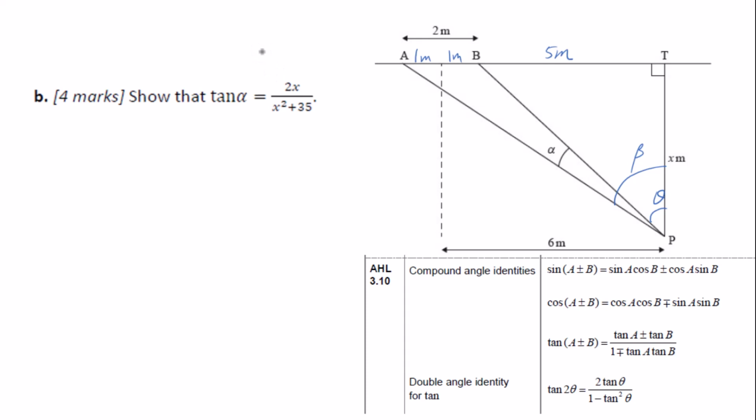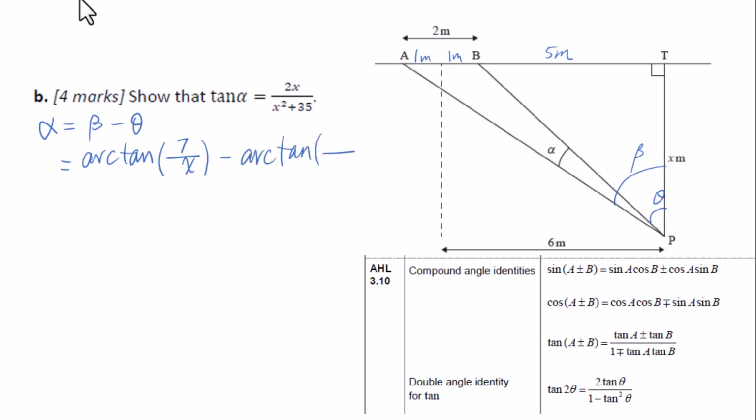Show that tangent alpha equals 2x over x squared plus 35. We already got alpha equals beta minus theta. Beta equals arc tangent, this time we will use x instead of 10, 7 over x minus arc tangent 5 over x.